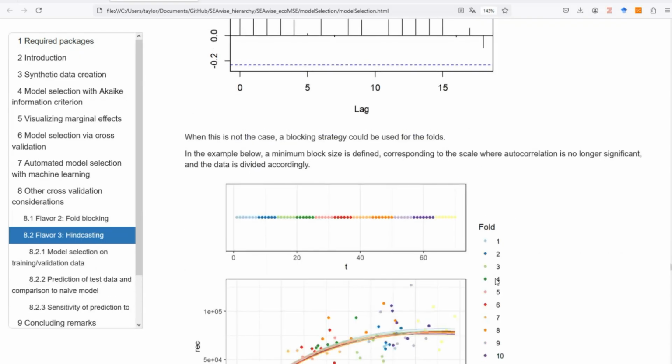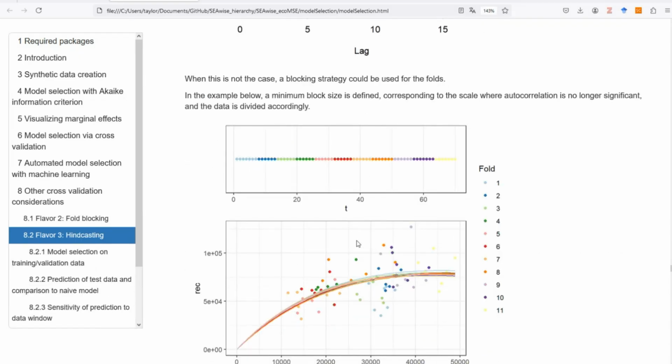But if you did, you could have this blocking strategy where your folds are basically a certain amount of time, or in a spatial model, you'd have some squares of data that you leave out that are above the spatial scale of autocorrelation, and you would have these be holdouts through time.